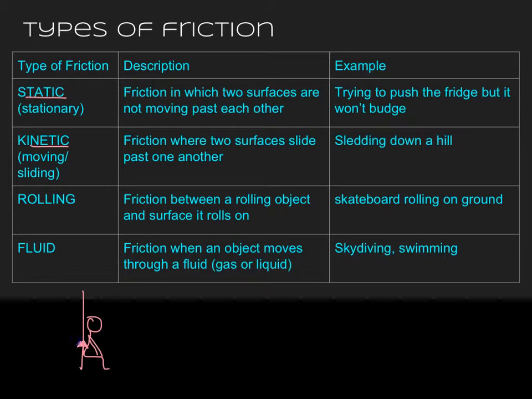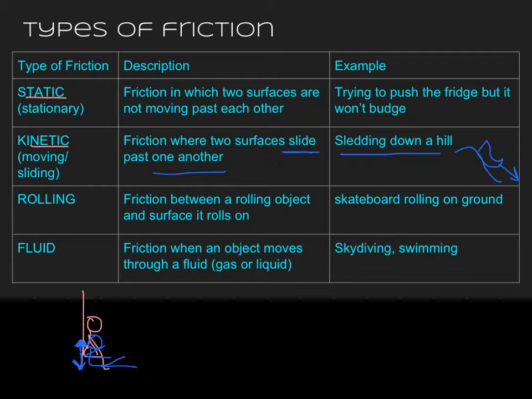And that means that this force is smaller than the force of gravity, and you're going to slide down. I fell on the floor. So that's friction where two surfaces slide past one another. So another example would be sledding down a hill, going down a hill.